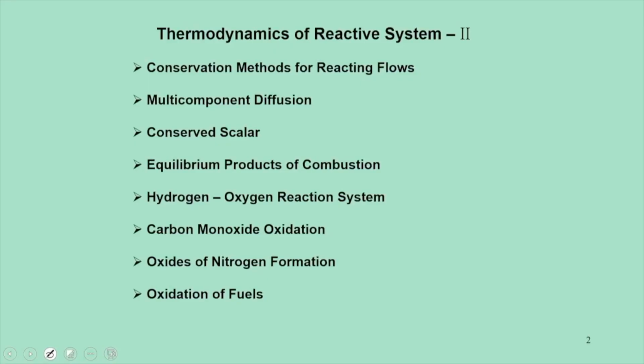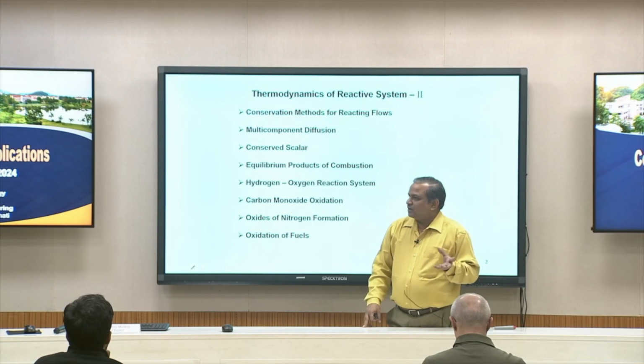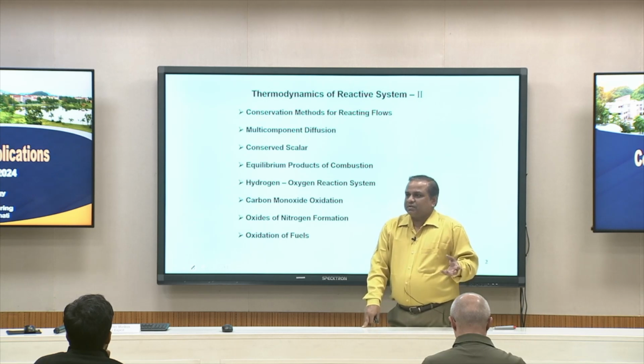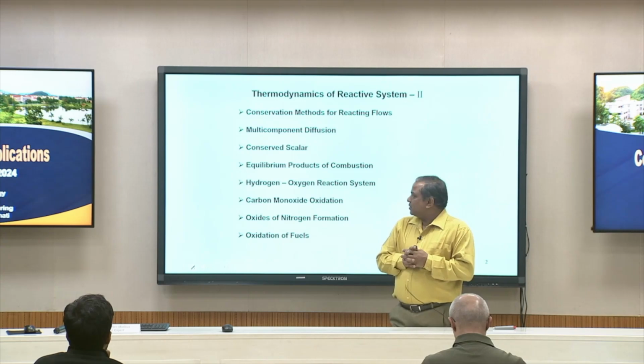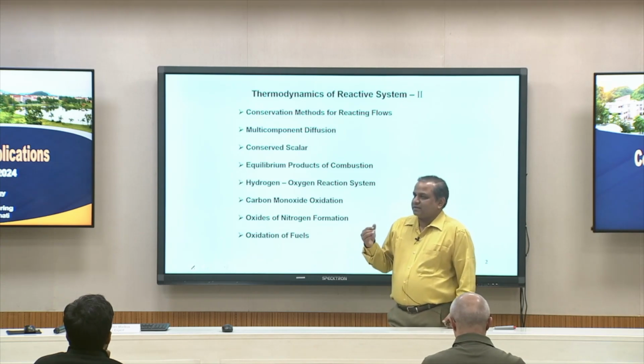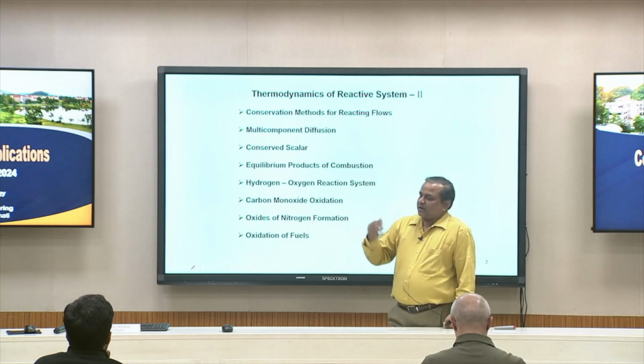Now apart from this, as a case study, I will emphasize a hydrogen-oxygen reaction system, where hydrogen is a very good fuel and oxygen is the oxidizer. When you have these combinations, as a case study I will explain what the possible elementary reactions are.